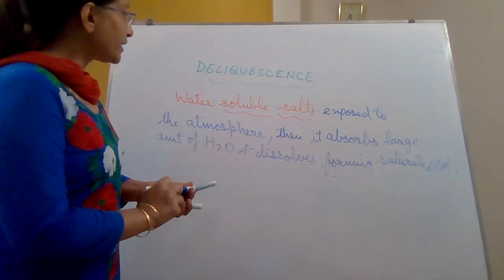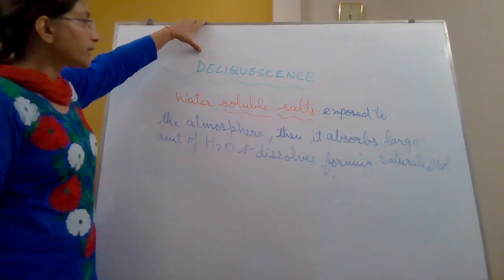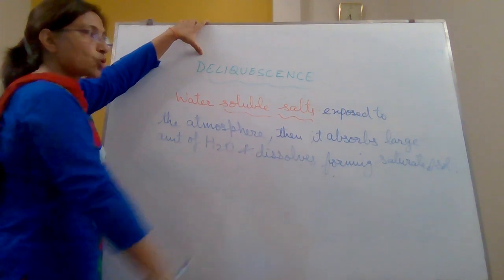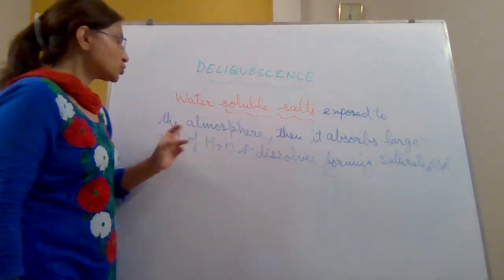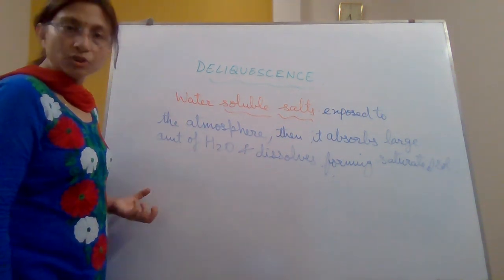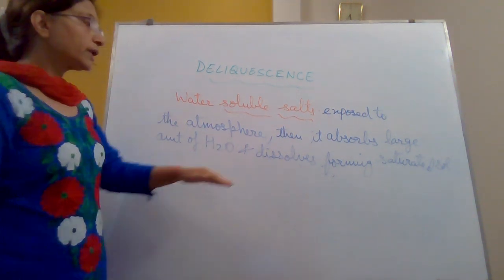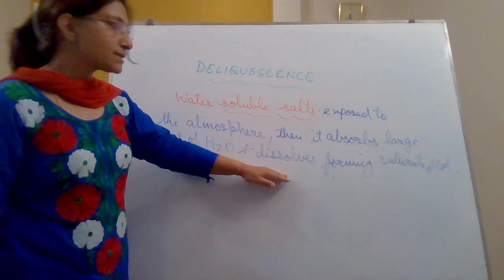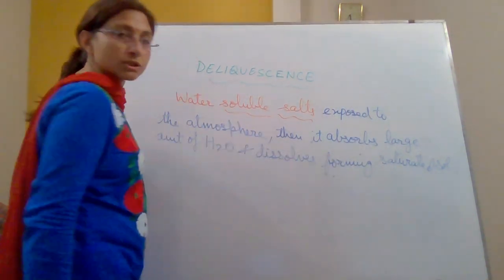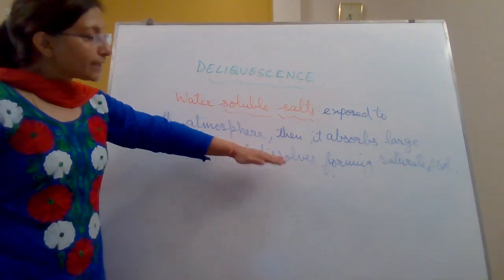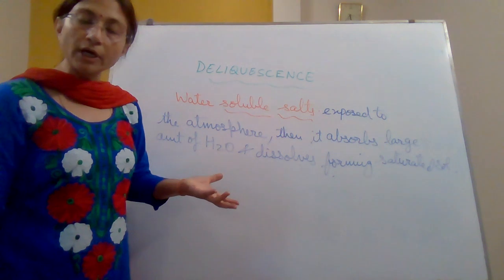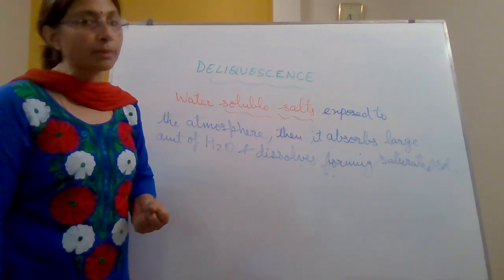So deliquescence is the phenomenon when a water soluble salt is exposed to the atmosphere, it absorbs so much water from the atmosphere that it starts dissolving in it and ultimately forms a saturated solution. ये तब तक water को absorb करता रहता है जब तक कि वो अपना खुद का ही saturated solution ना बना ले.